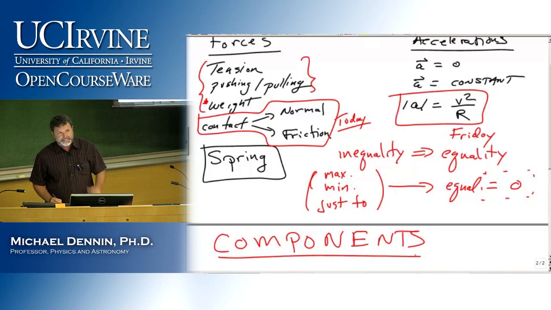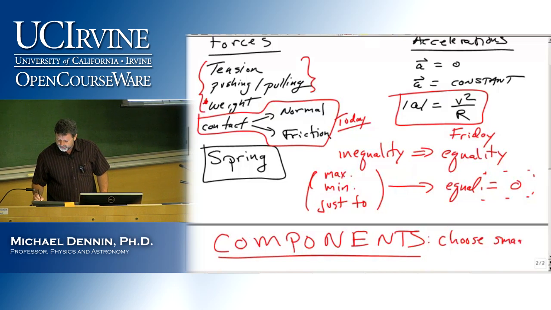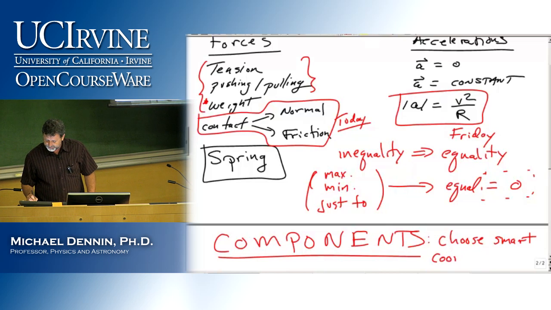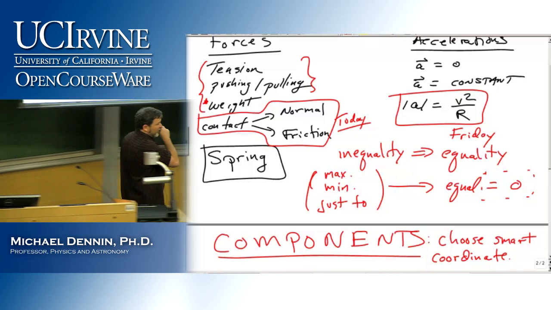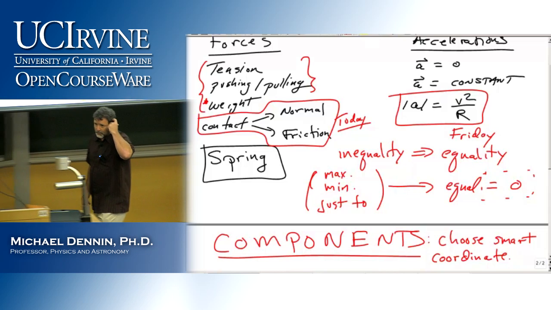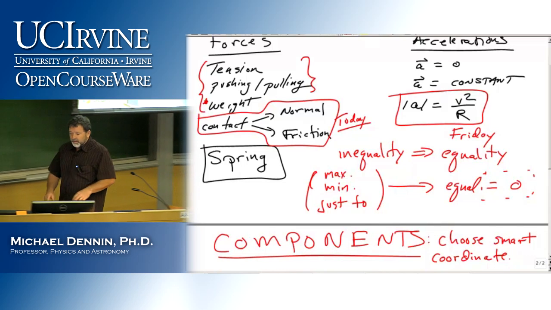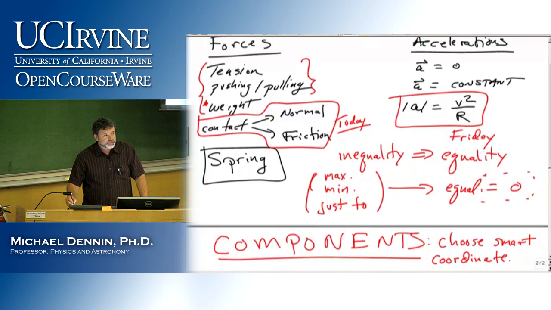And the twist we're adding now is we really want to choose a smart coordinate system. So that is kind of the overview of the problems we'll be dealing with this week. Any questions?